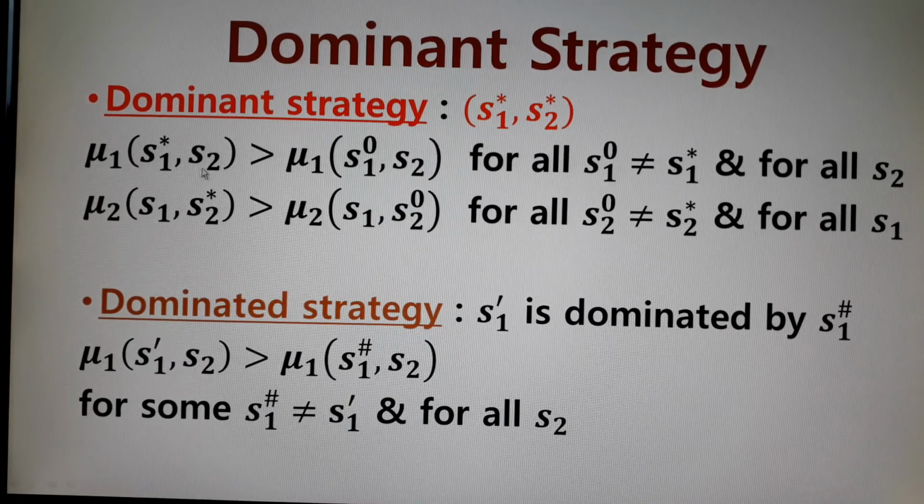So mu1(s1 star, s2) is, when player 1 chooses s1 star and player 2 chooses s2, the payoff of player 1. Likewise, mu1(s1 0, s2) would be, when player 1 chooses s1 0 and player 2 chooses s2, the payoff of player 1.